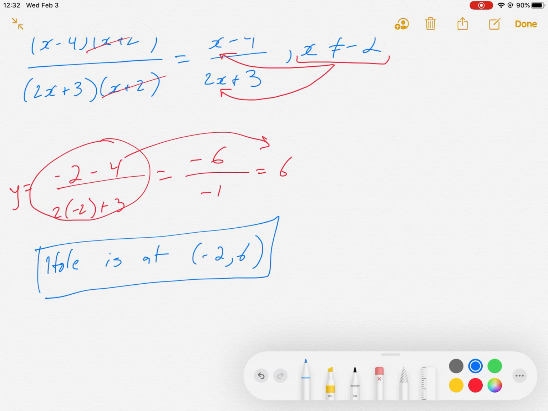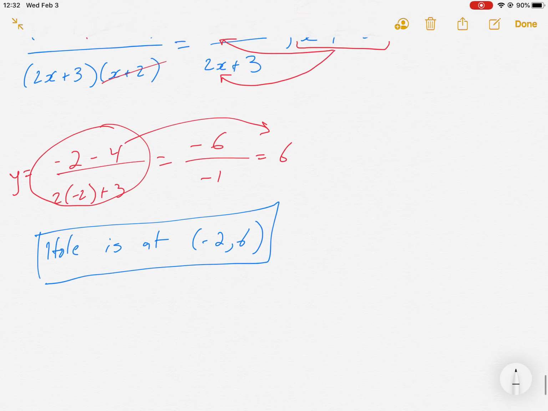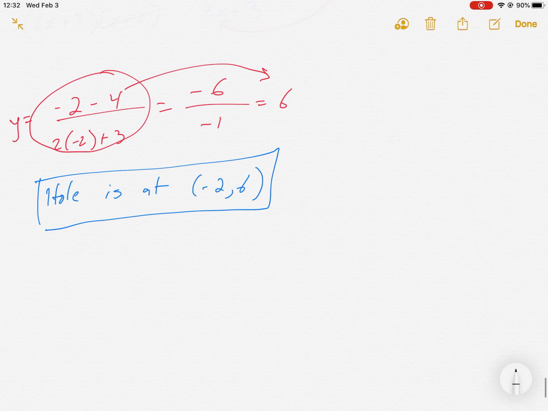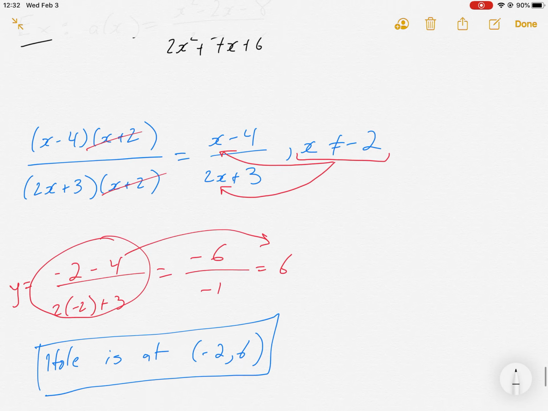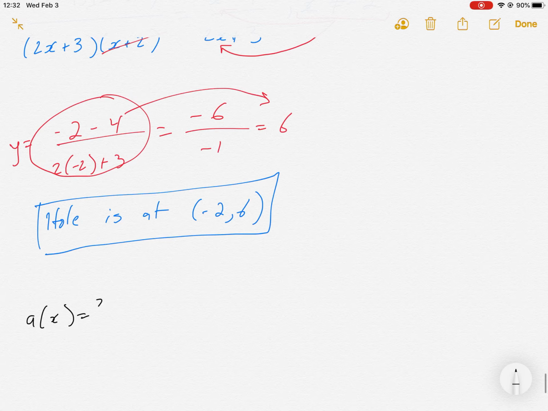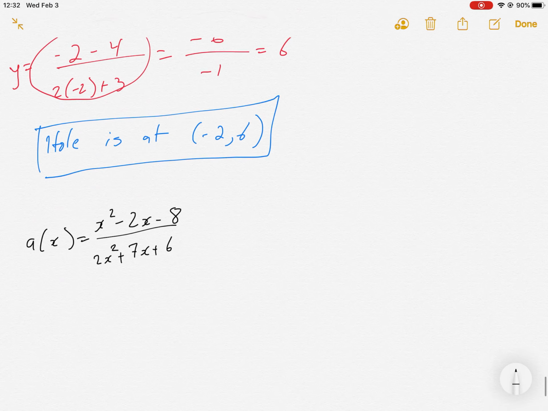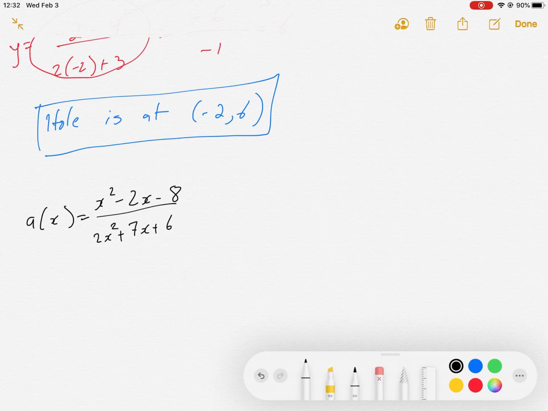Okay, let's go ahead and finish up this problem. Let's go back to the original, a of x equals x squared minus 2x minus 8 over 2x squared plus 7x plus 6.